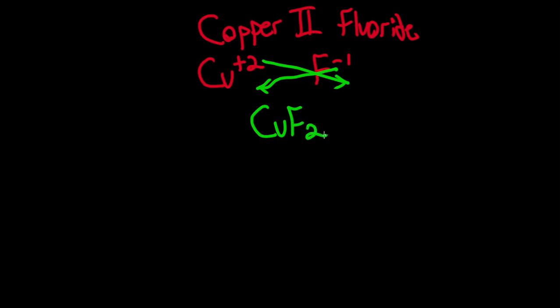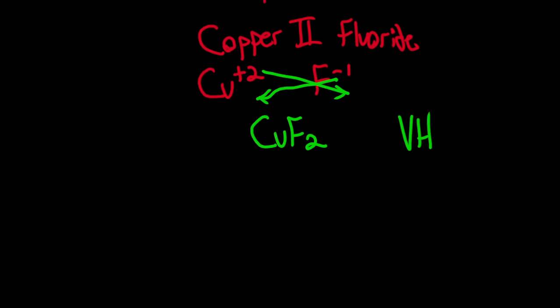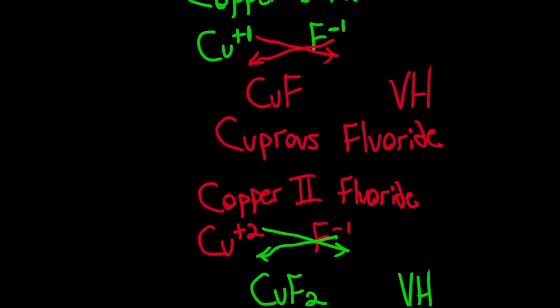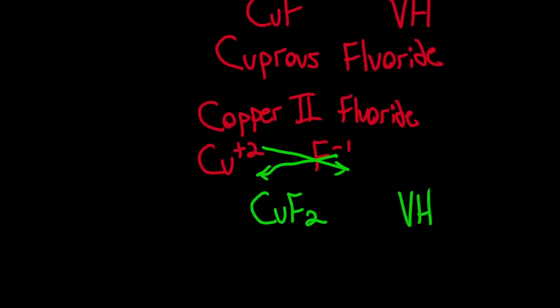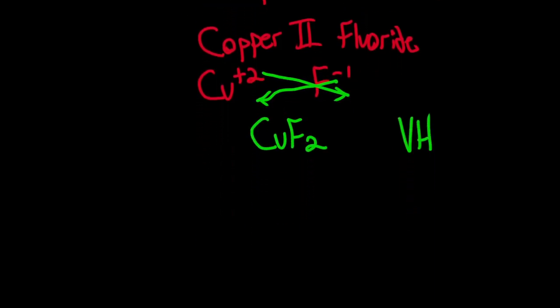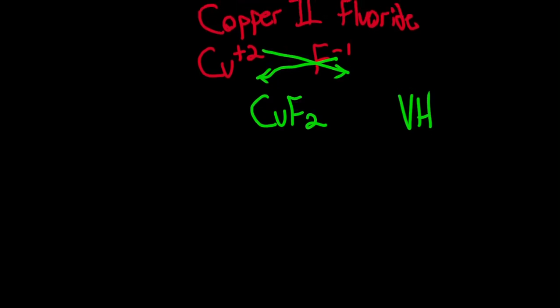This is also going to have variable hazards since it's not an NCHP. That doesn't necessarily mean that it is going to have all of the same hazards as copper 1 fluoride. Copper 1 fluoride and copper 2 fluoride are going to be different. I have CuF2 here, and then I have CuF for cuprous fluoride, or I should say copper 1 fluoride. You have to be cognizant that those are not going to be the same.